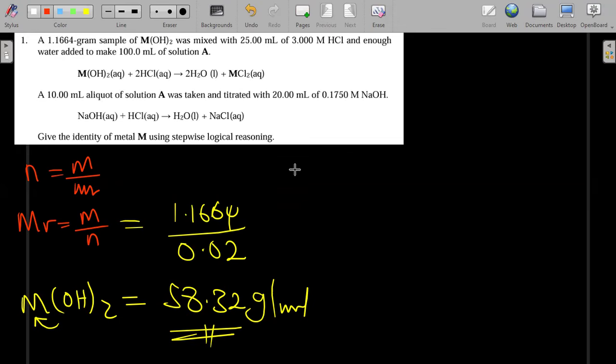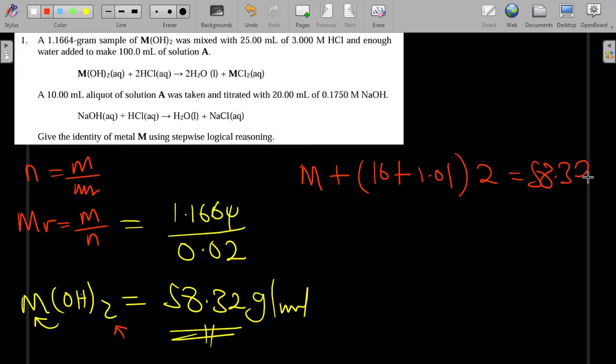So this 58.32 is gotten by adding the molar mass of M plus oxygen and hydrogen. The molar mass of oxygen is 16, plus the molar mass of hydrogen is 1.01, and we multiply these by 2 because there's this 2 outside here. And then this should give us 58.32.